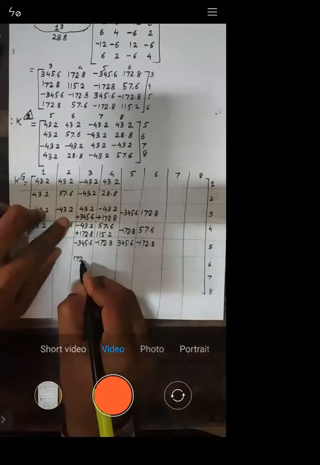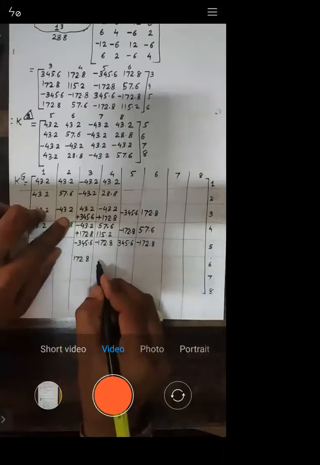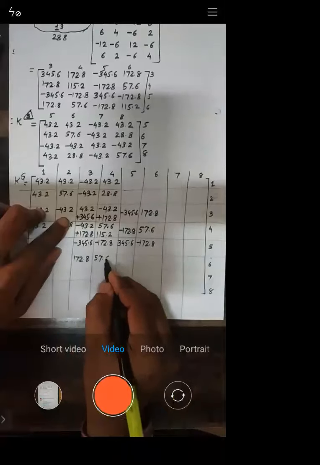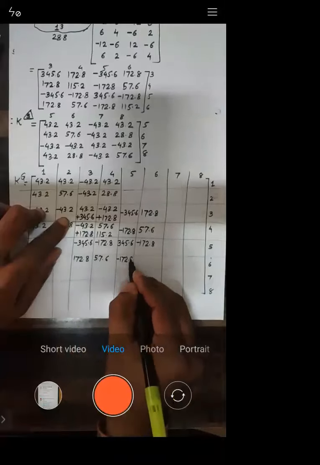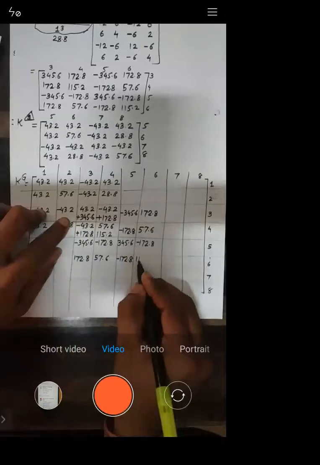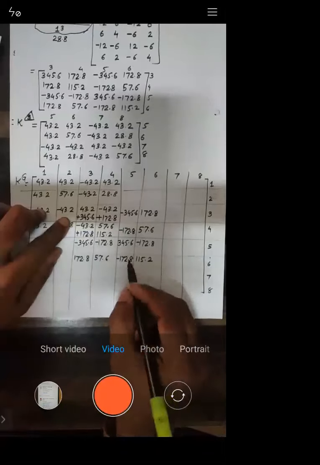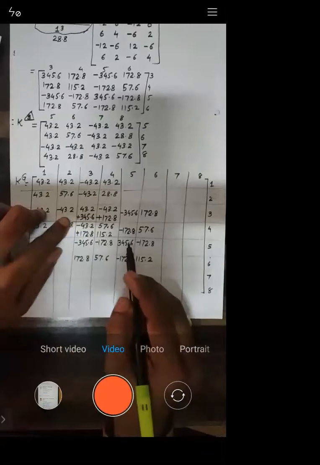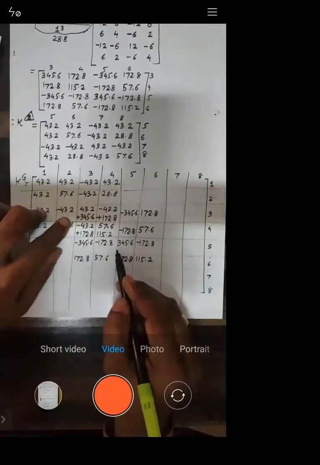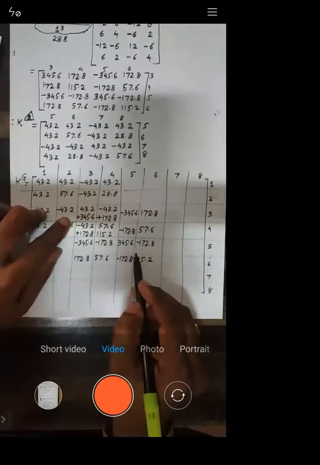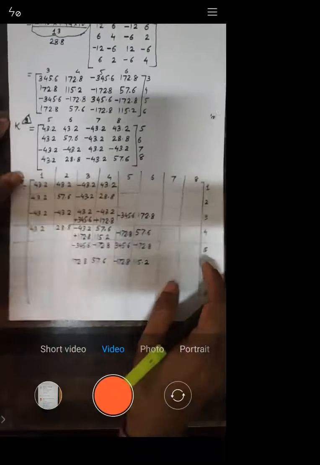Here I will get 172.8, 57.6, minus 172.8, and 115.2. Let me know, is it okay? Is it okay with this one?